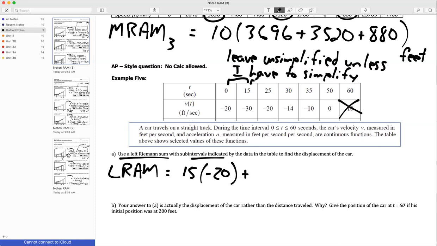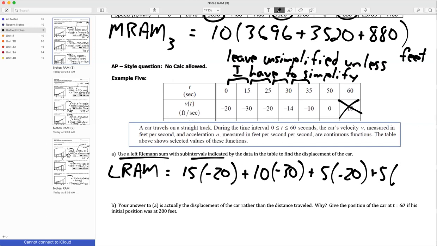And just be careful on these, so that you don't make a careless mistake. The next rectangle goes from 15 to 25. So it's 10 times -30. And then 5 times -20. And then 30 to 35, the width is 5, and my height will be -14.